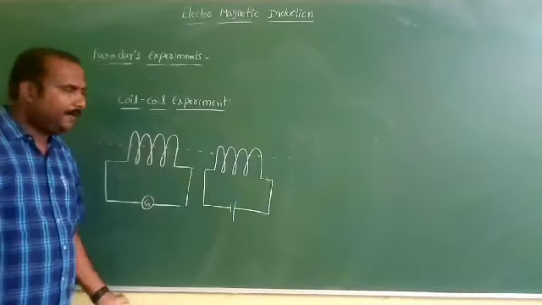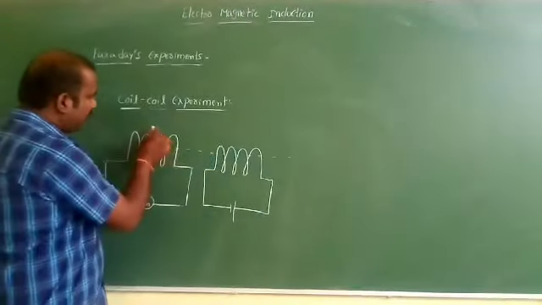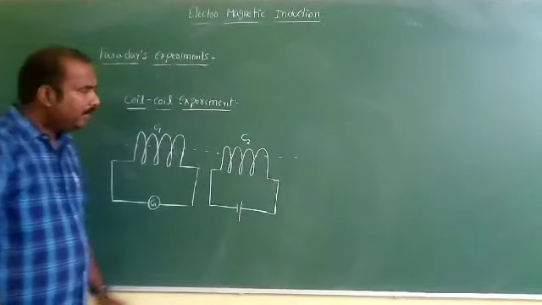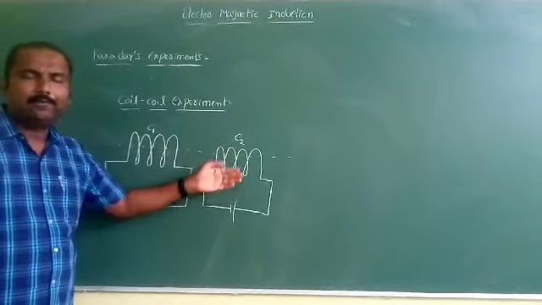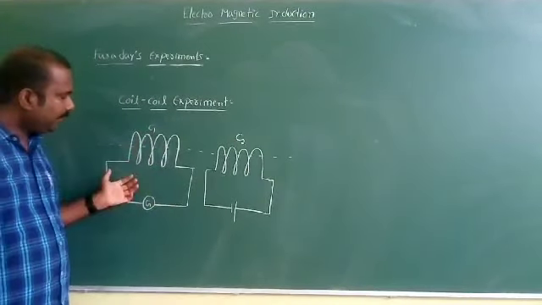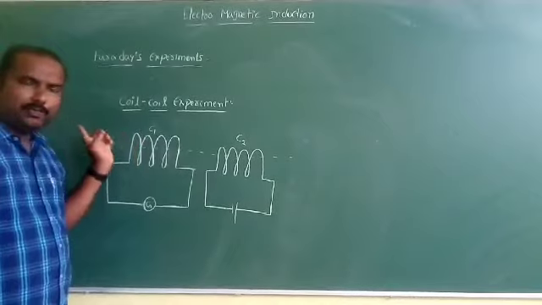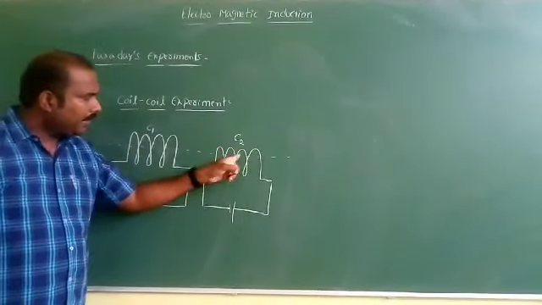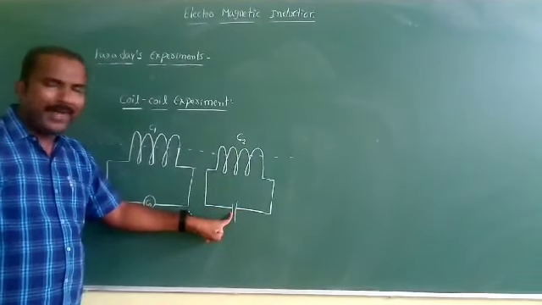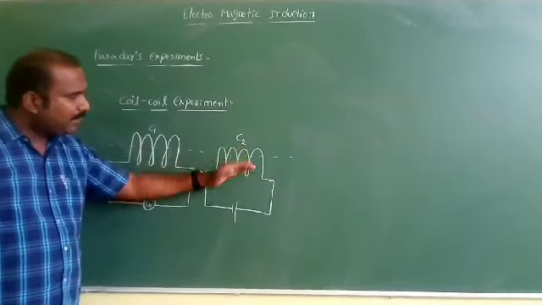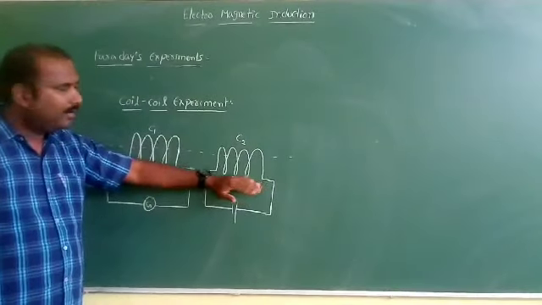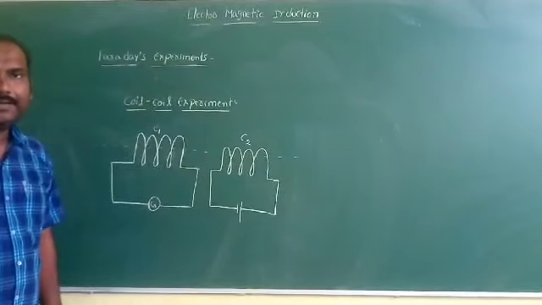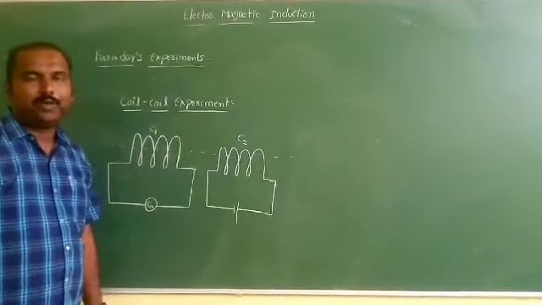In the previous experiment, this coil is named C1, this coil I named C2. In place of C2, I kept one bar magnet. But here, C1 is just similar to the previous one, a coil which is connected to the galvanometer. C2 is again one more coil, but it is connected to a battery. In the previous one a bar magnet is there, but now here it is a coil with a fixed DC battery connected. Now what is happening?